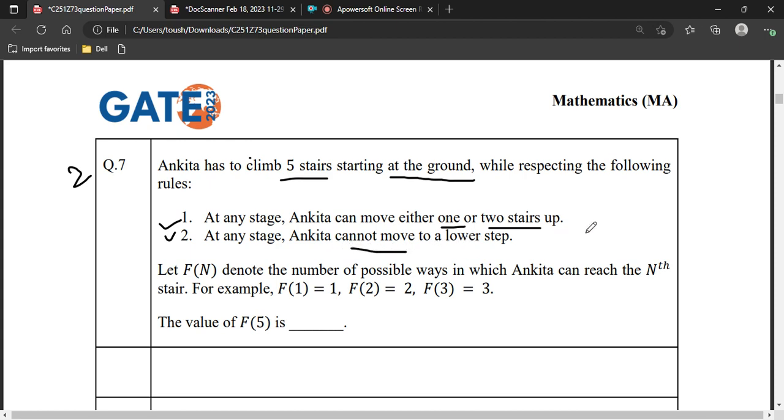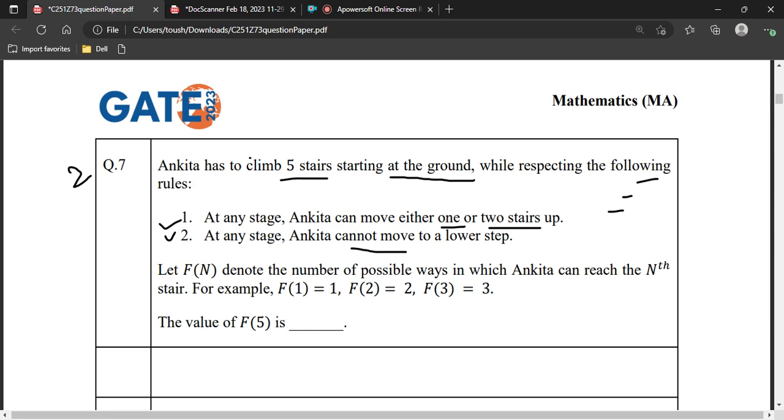That means if she is on the second stair, she cannot come to stair number 1 and then go from 1 to 3. She can't. Okay, so these two are the conditions for Ankita.